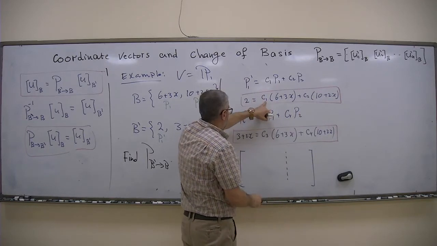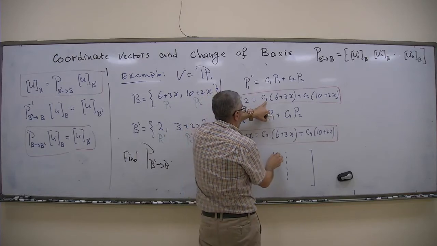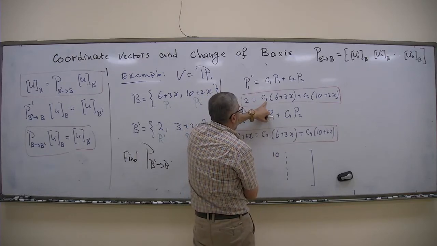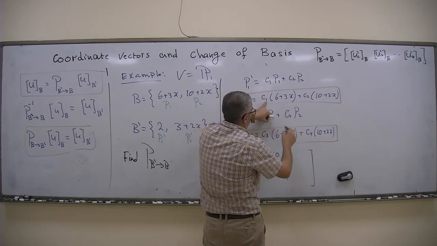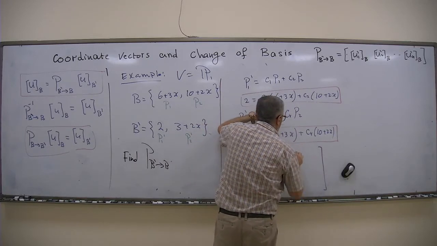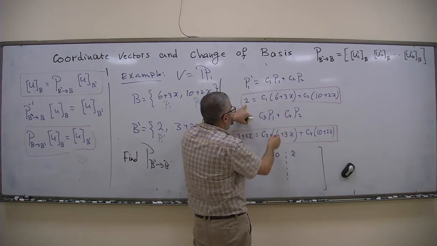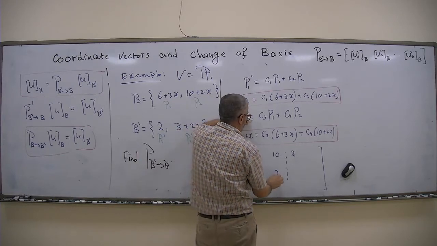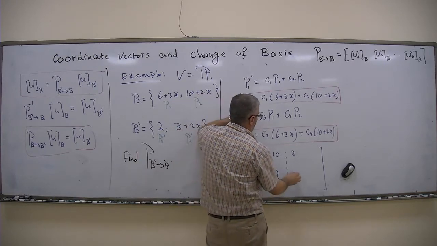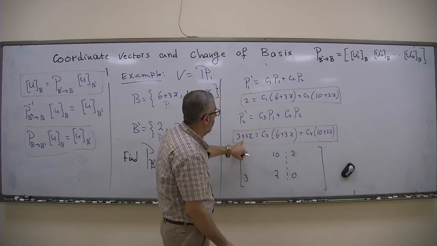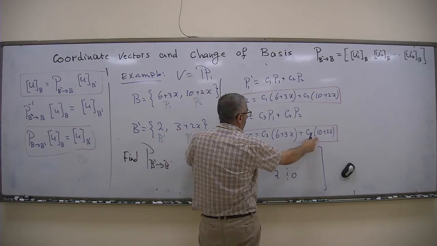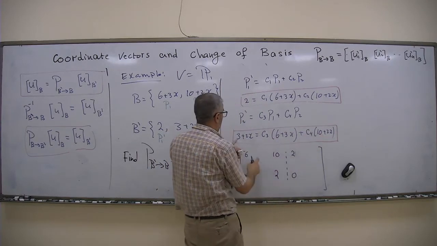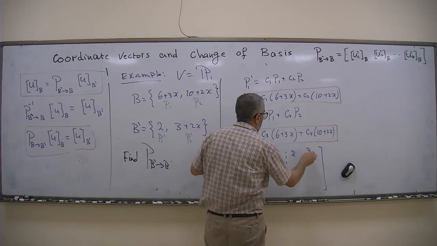So you have 6, you have 10, you have 2, and from the second equation, you have 3, you have 2, and here you have 0. Now from this, again, you have 6, 10, 3, 2, as here, and here you have 3, 2.